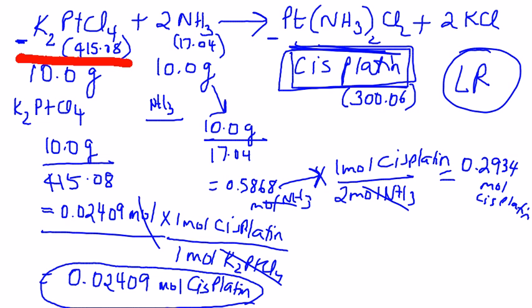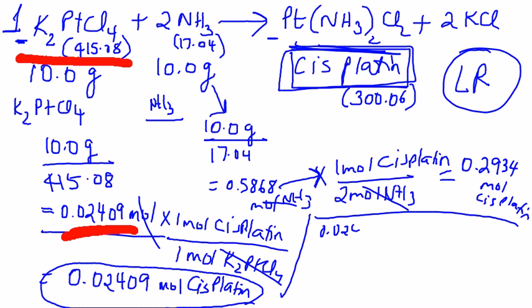So if you have only 0.02409 moles of K2PtCl4, since the relationship between these two is 1:2, it will require 2 moles of ammonia for each mole of K2PtCl4 for the reaction to go to completion.